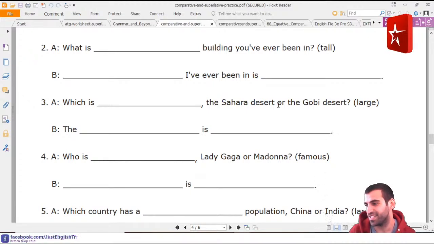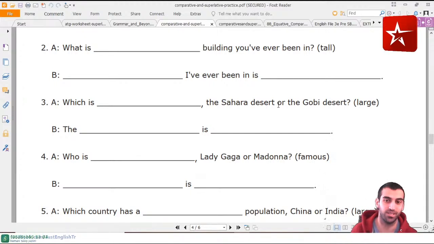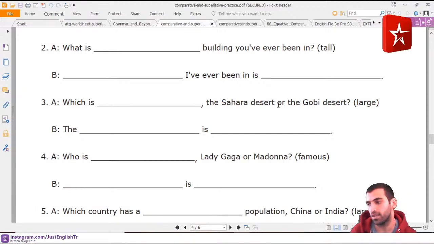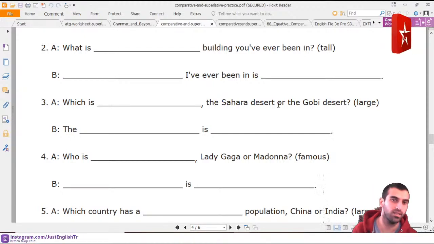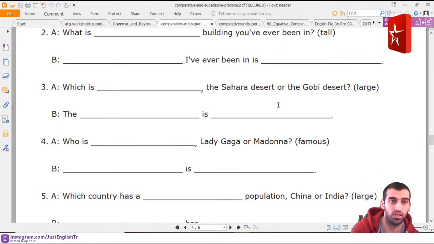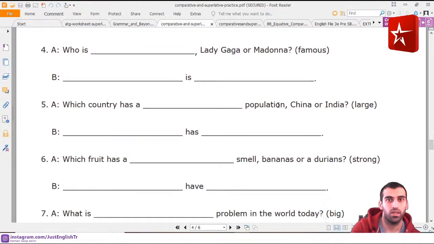They say largest. No, not largest. Larger, because it's a comparison, not a superlative. So we should say the Sahara Desert is larger than the Gobi Desert. Yes, larger is a correct answer.